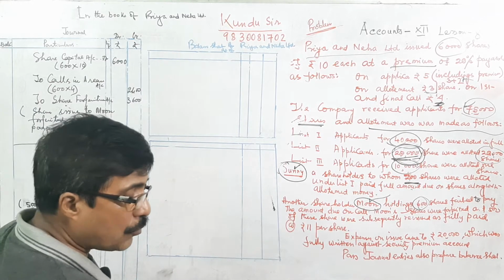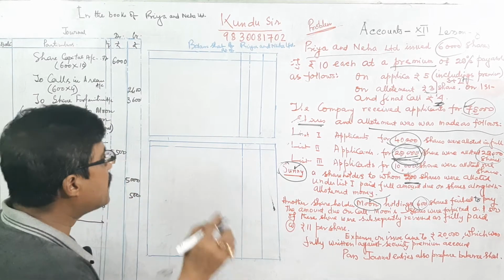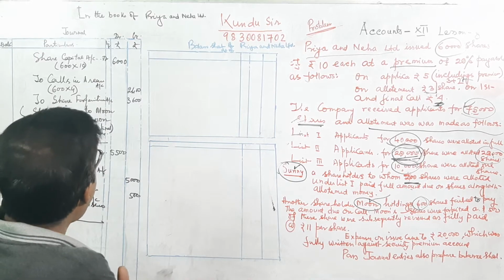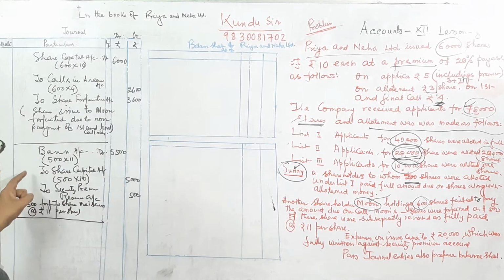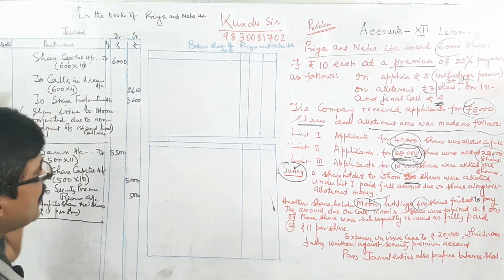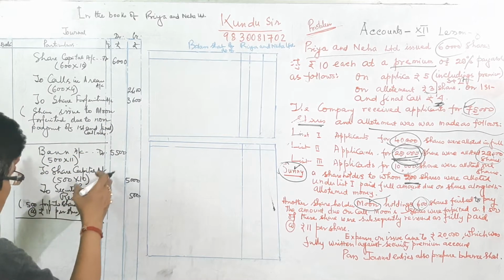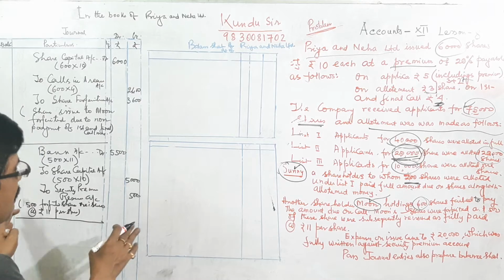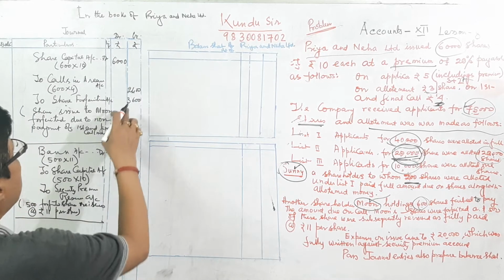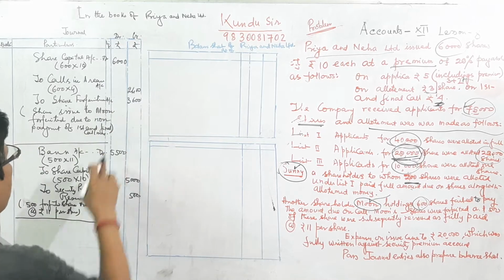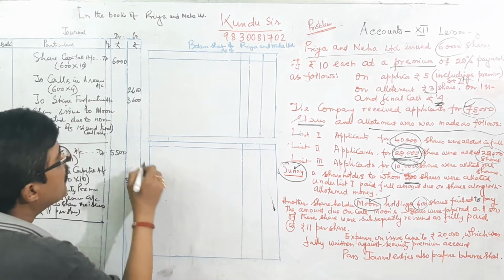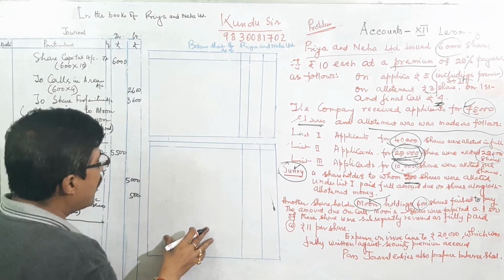How should we calculate? In the share forfeiture account, how much are we sending to the share forfeiture account? 3,600. There is no discount at the time of reissue, so we have no problem deducting any amount from here for discount or others. Now we have to calculate the capital reserve.